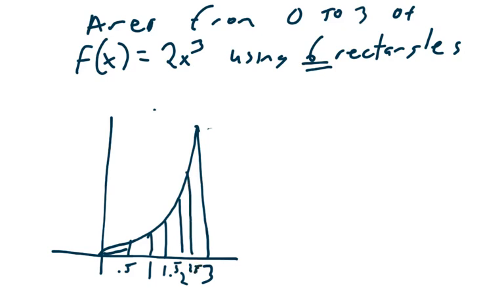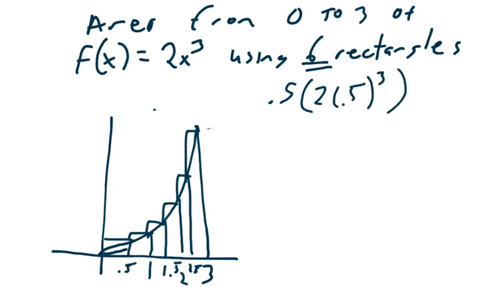So I know that the base is 1/2 for the first one, and we're going to use the right side. If I do 2 times 0.5 cubed for the height, that will give me the area.